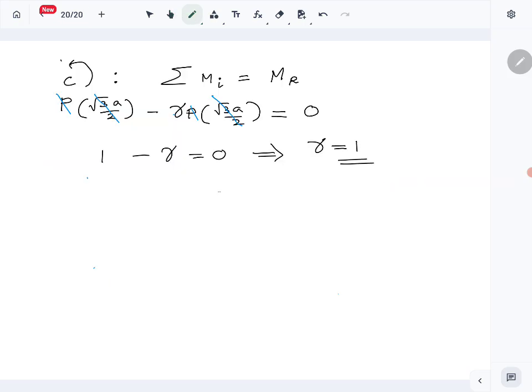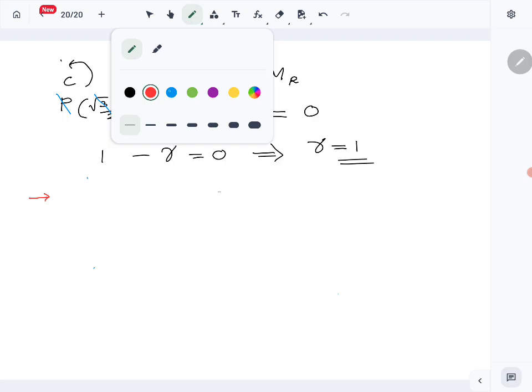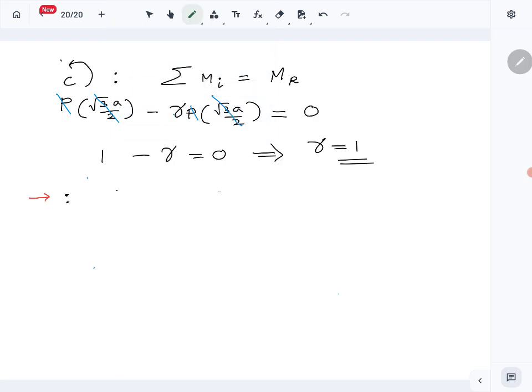So we'll use the horizontal component condition. The algebraic sum of the horizontal components is equal to what? Rx, which is the horizontal component of the resultant, right?